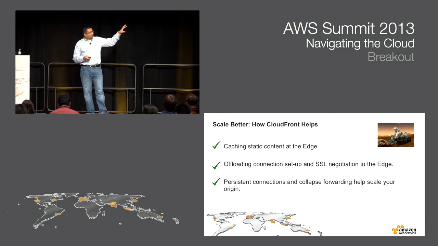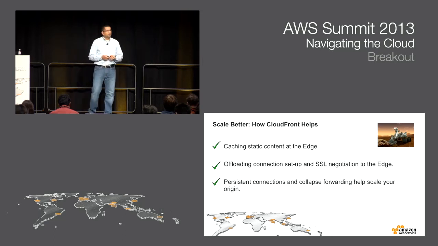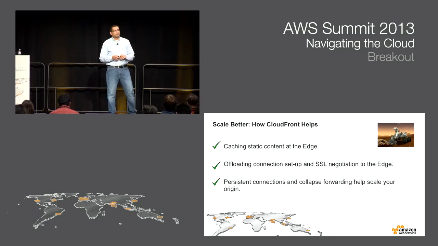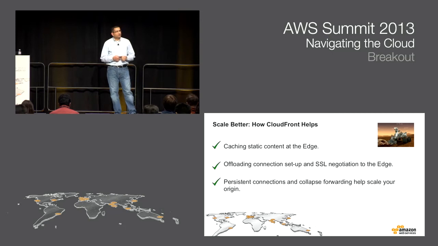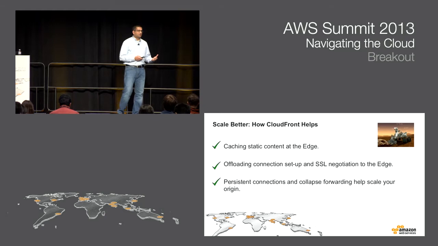So you see the picture of, I'll give you a customer example. Here you see the picture on the top right of the Mars rover, Curiosity, that landed on Mars in August of 2012. And the NASA JPL, Jet Propulsion Laboratory guys, they used AWS to host the website experience for the Curiosity lander.